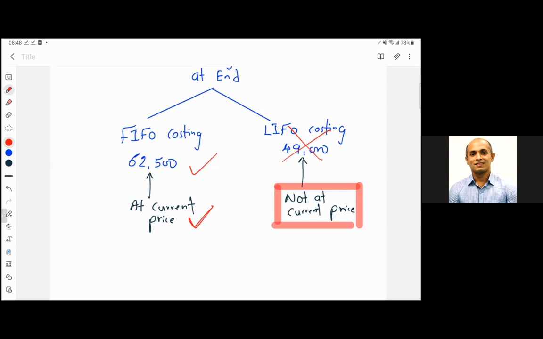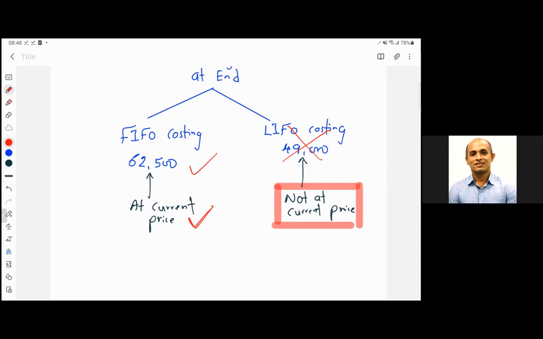But if your company is in businesses like manufacturing or trading, then inventory values are material items in your financial statements.